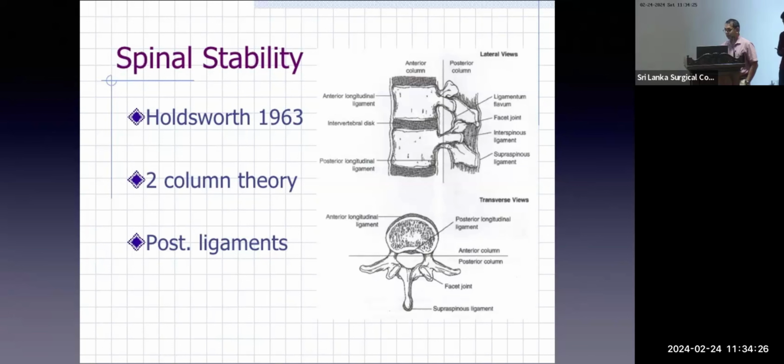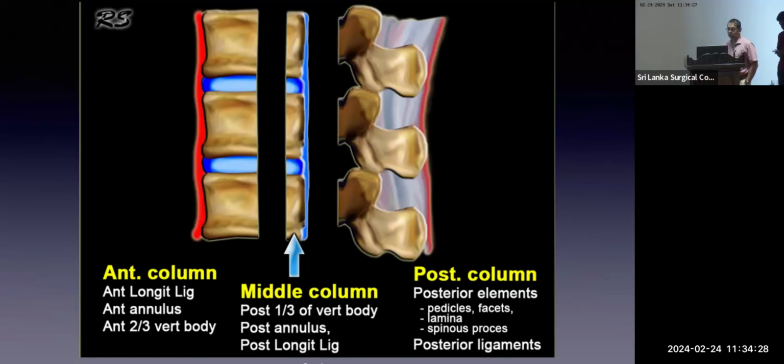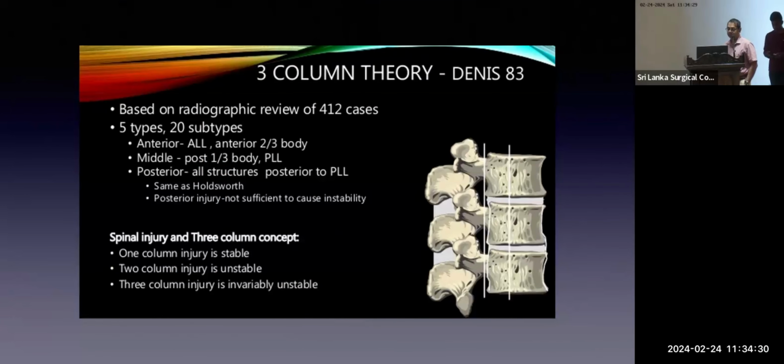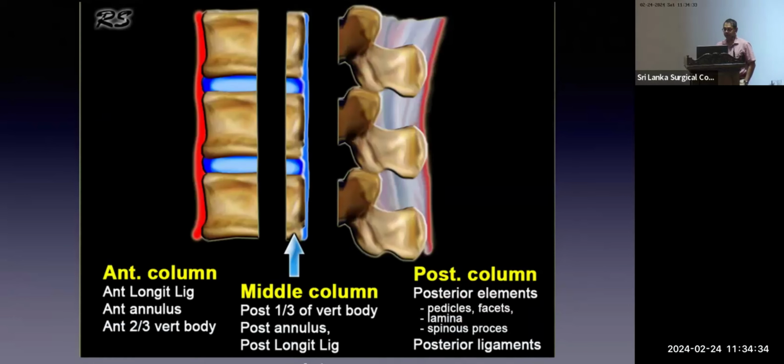But later on, Dennis, this is what Dr. Charit Nanyakara did say, came to the three-column concept. So the anterior column, middle column, and posterior column. Now in this, if one column, say the anterior column only is compromised, then the patient, you can take it as stable and you can manage it conservatively.